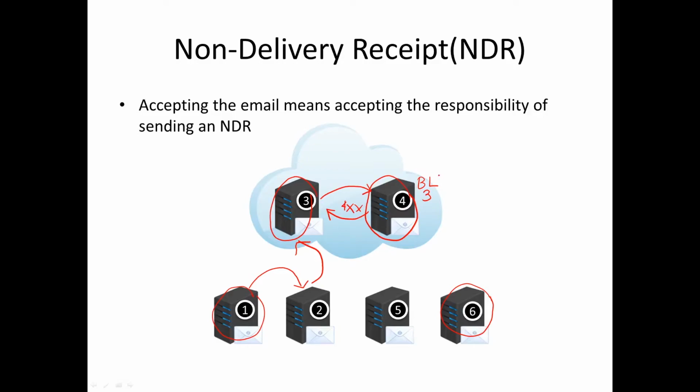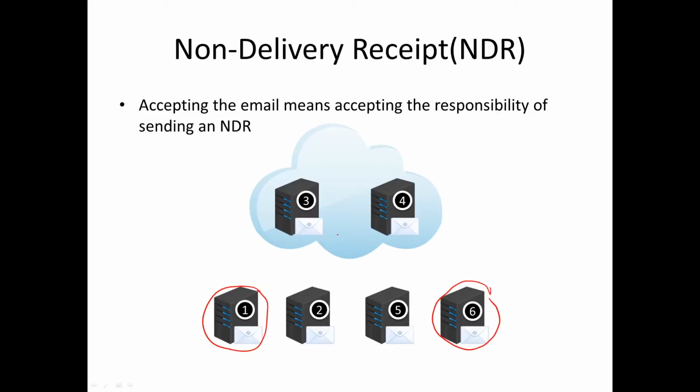Okay, now let's say that the blacklist from SMTP server 4 has timed out. So let's say server 1 were tasked to send an email again to server 6. The same thing happened. It jumps from server 1 to server 2, server 2 to server 3, server 3 to server 4, and server 4 now receives the email because server 3 is not blacklisted anymore.